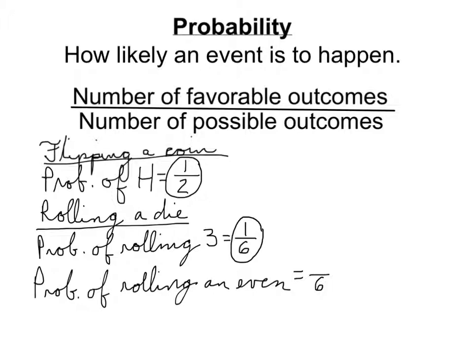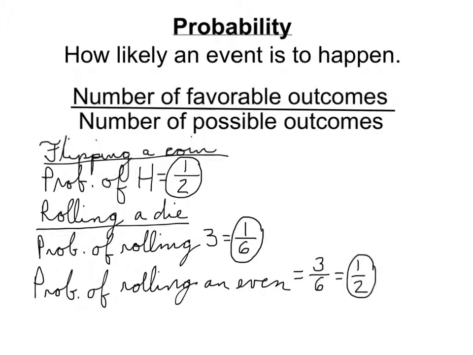For the numerator, we need to consider how many are even, how many are what we're looking for, are favorable. So in 1, 2, 3, 4, 5, and 6, 2 is even, 4 is even, and 6 is even. Well, that's 3 favorable outcomes. And if we reduce our fraction, we find out the probability of rolling an even number is 1/2.